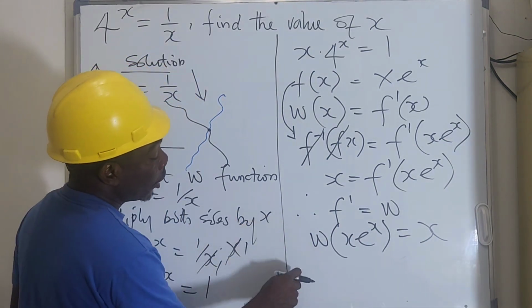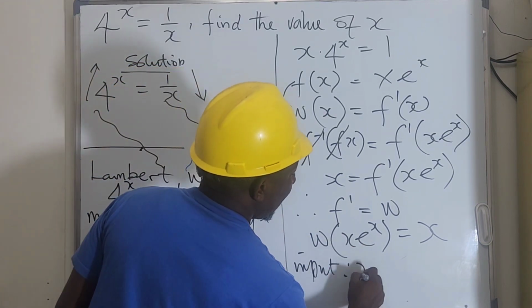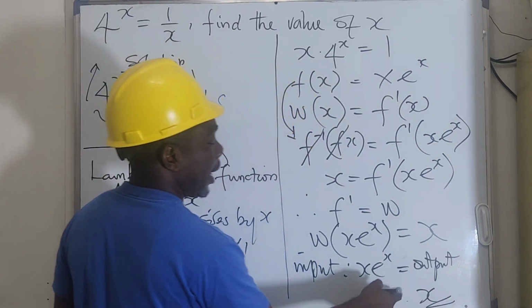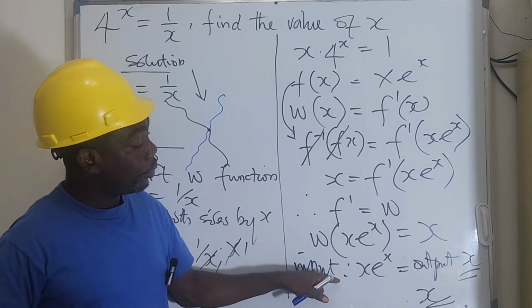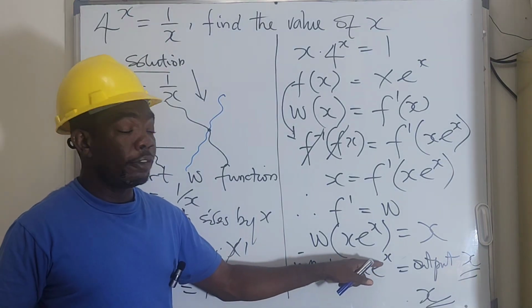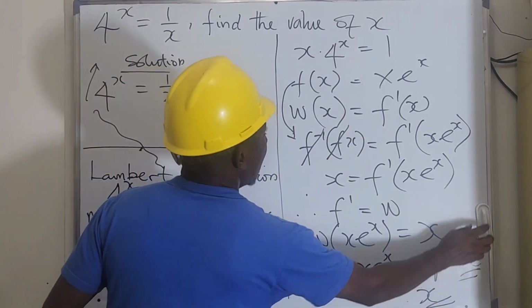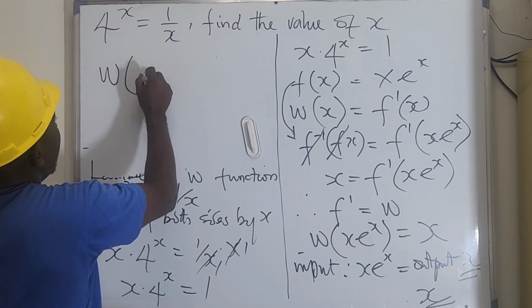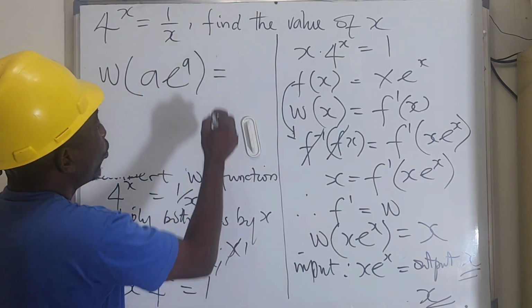So we've seen that for the Lambert W function, when the input is x e to the power of x, the output will always be x. Another illustration: if we have the Lambert W function of, let's say, a e to the power of a, the output will always be a.